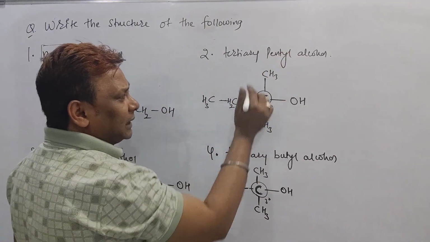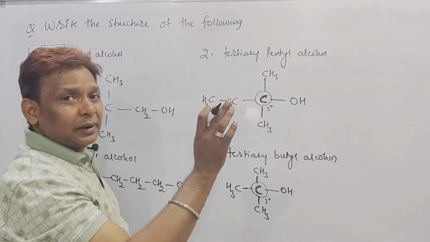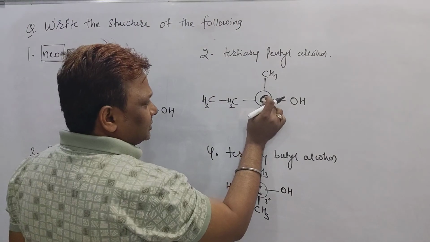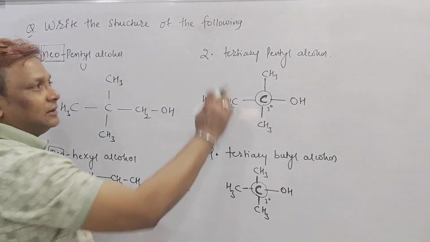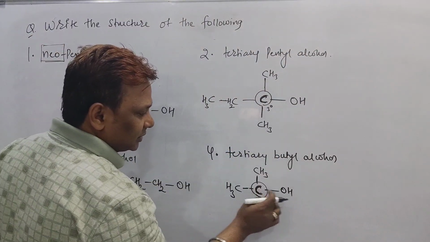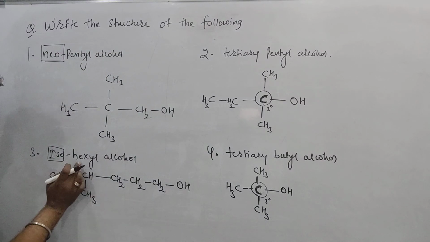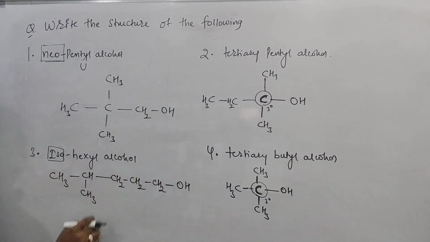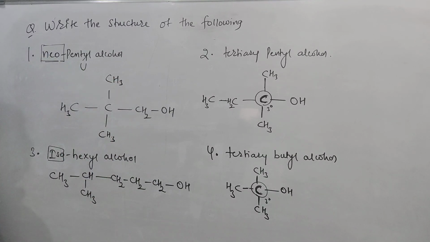But tertiary pentyl means tertiary carbon alcohol and the total number of carbon atoms should be 5. So if this is a tertiary carbon, then 1, 2, 3, 4 and 5. Tertiary alcohol. But iso, this is an iso group, and then hexyl, total number of carbons 6. But neo, total number of carbons must be 5, and pentyl, this one is there.